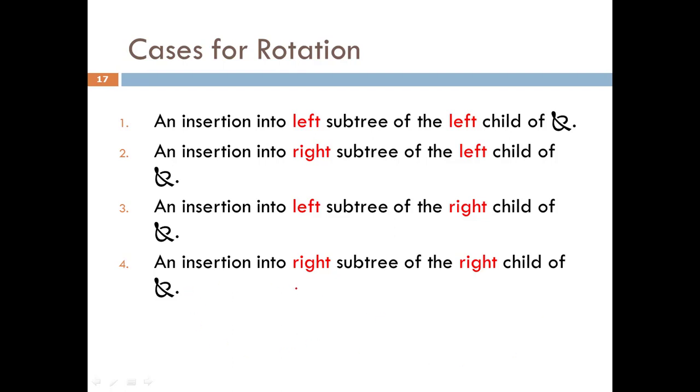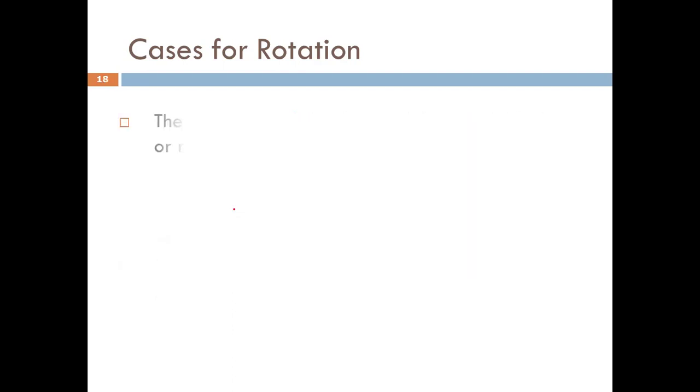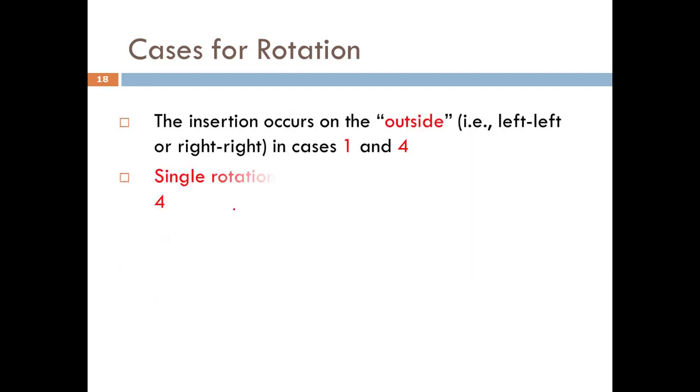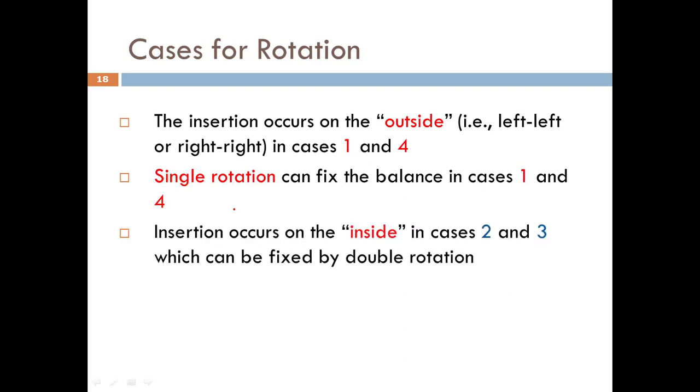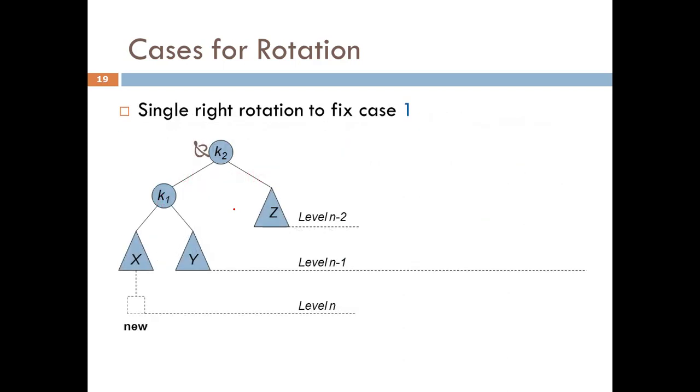So an insertion to the right subtree of right child of alpha. So these are four cases, single and double rotation cases, which we have already discussed, and this one is the description of those cases. So just go through these, and this is again a kind of repetition which we did in the previous lectures.